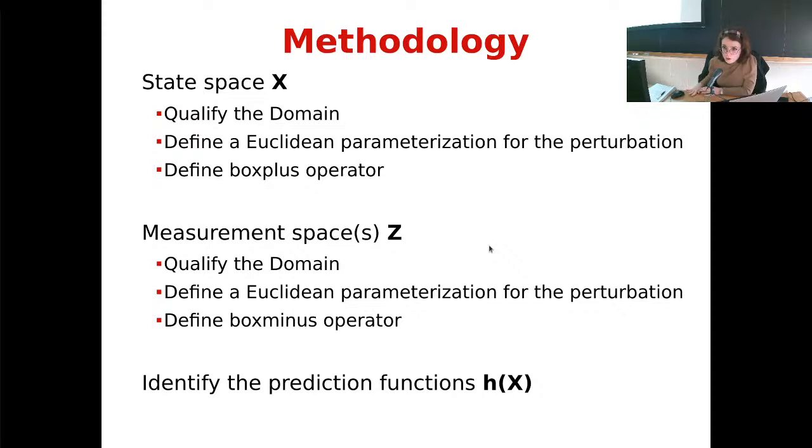Having said so, we can talk a little bit about the measurement space. Again, we need to qualify the domain, which might be Euclidean or not. We need to define a Euclidean parameterization for the perturbation, which in the end will be the domain of the displacements lying on the chart. And then we need to define a box minus operator. Why is that?